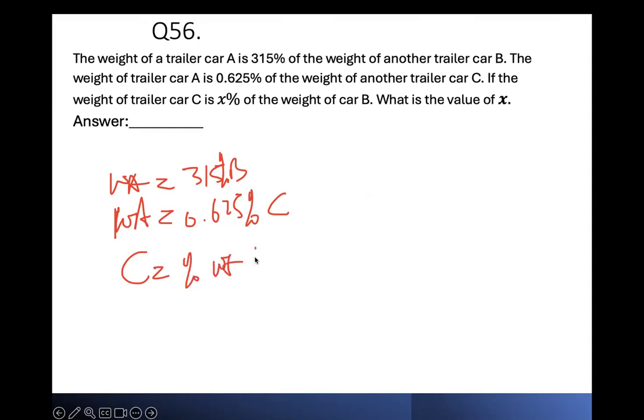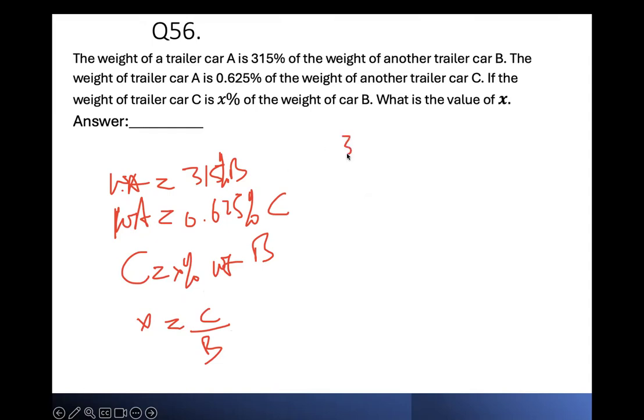Weight B. Then I can just equate things together. What is X? I know X percent has to be C over B. Can I change this into C over B where A and A are the same?